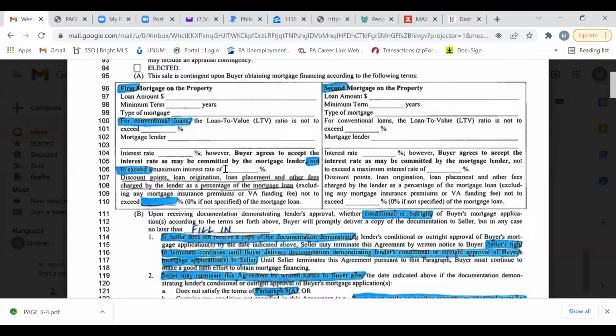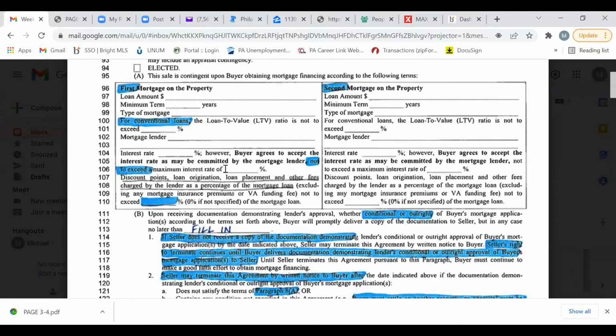The last lines of this box, 107 to 110: discount points, loan origination, loan placement, and any other fees charged by the lender as a percentage of the mortgage loan, excluding mortgage insurance premiums or VA funding fee, not to exceed blank percent of the mortgage loan. Okay, so let's just talk about loan origination fee, because that's the most common fee a lender charges.